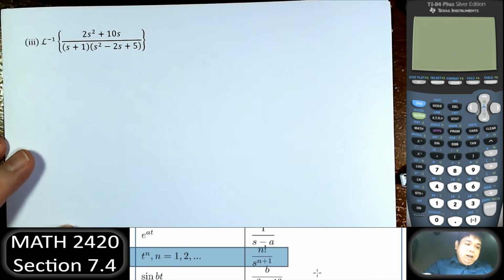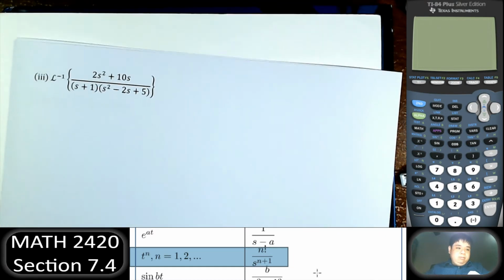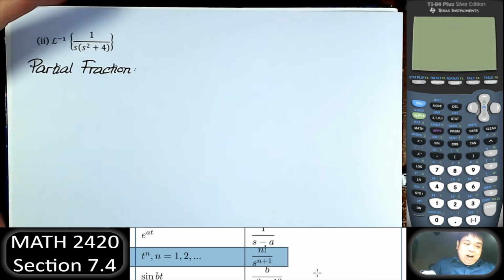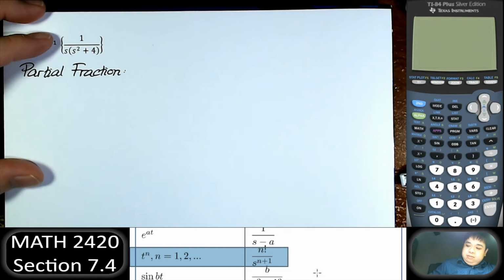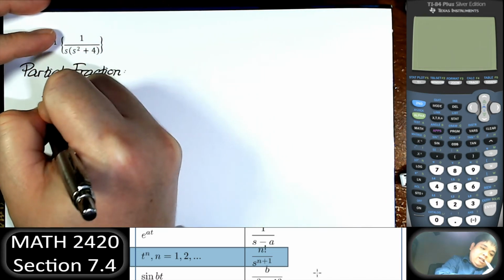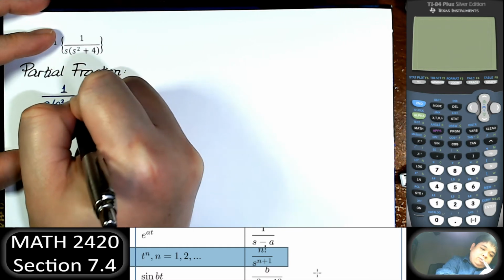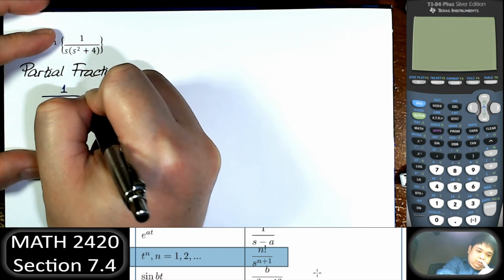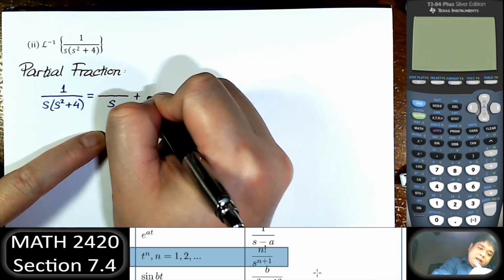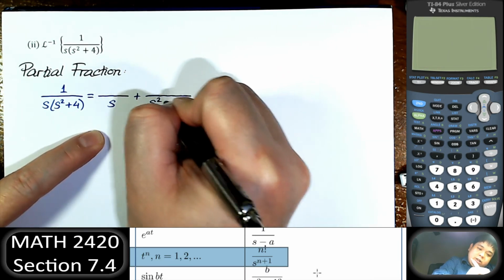Right, now, wait, sorry. This is the next problem. So first we do the partial fraction. 1 over s and s squared plus 4. There's a linear factor of s and the quadratic factor of s squared plus 4.